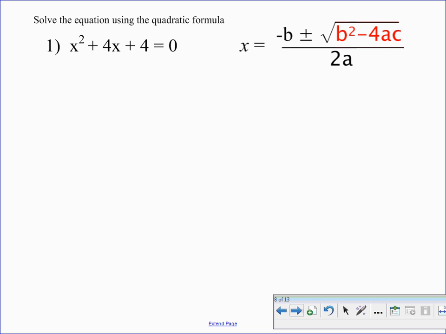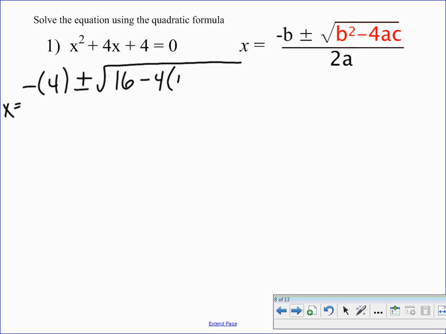So x equals negative b plus or minus the square root of b squared minus 4 times a times c, all over 2 times a.